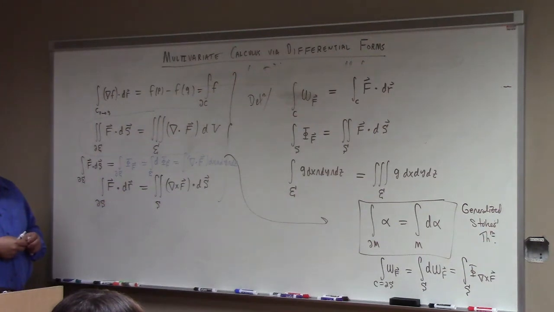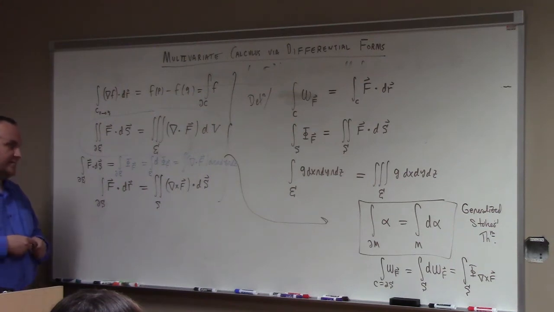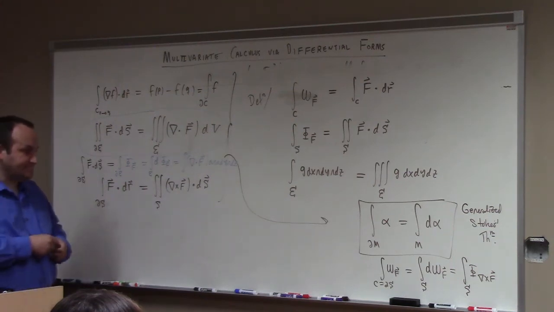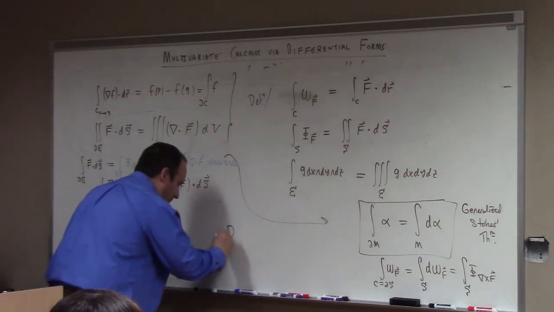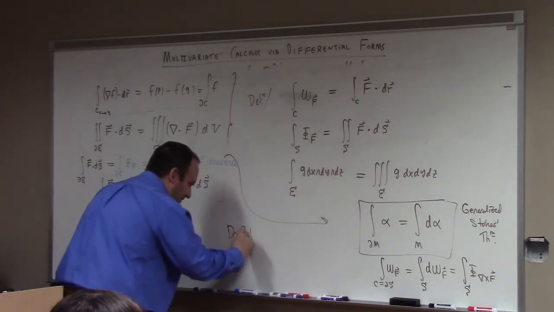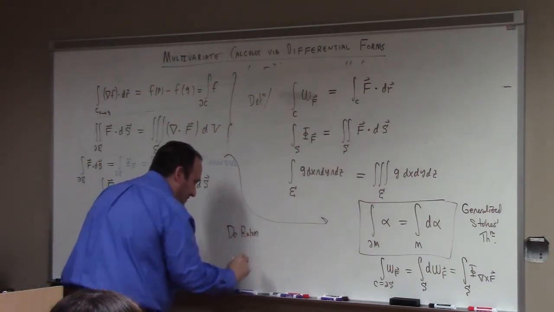Finding similar differential forms in higher dimensions that have integrals around closed things which are non-zero speaks to the existence of holes in the space. And this is calculated neatly and elegantly by this so-called de Rham homology. I should probably write that down because spelling it is a little bit tricky.